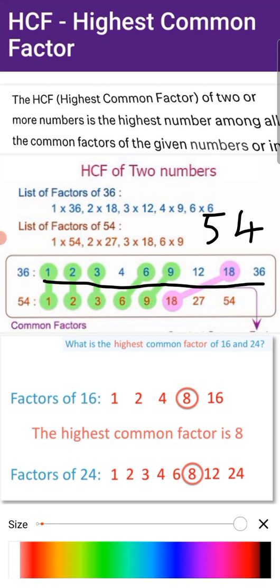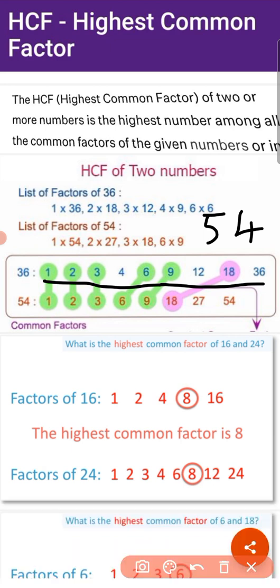Then find the factors of 54: 1, 2, 3, 6, 9, 18, 27 and 54. These are the factors of 54. Clear? Now find the common factors.